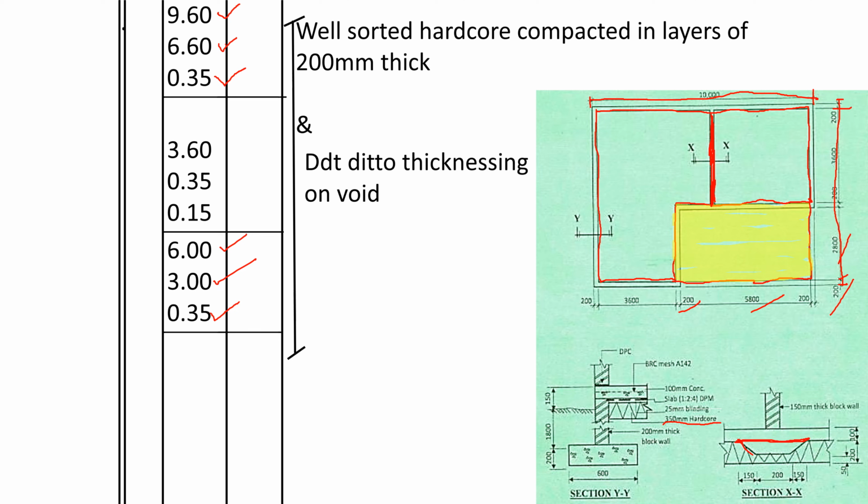So what is the volume of this concrete that has replaced the hardcore? Now this one is a triangle, and we have two triangles, this side and this other side. If we combine these triangles, they can form a rectangle. So all this is concrete. Then we have triangles on both sides, and if we combine the triangles, they will form a rectangle.